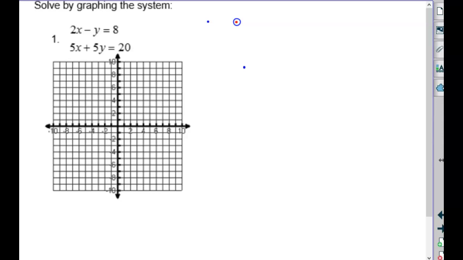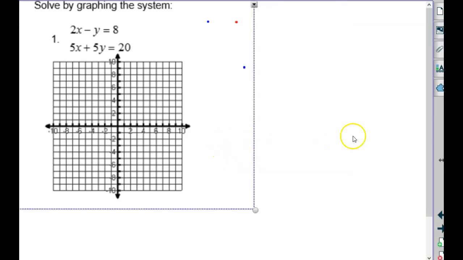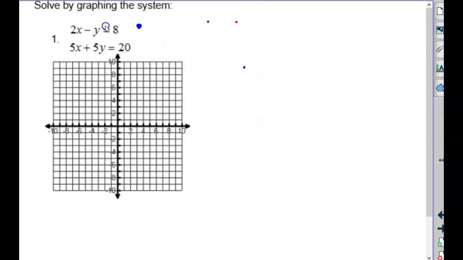If I do this one in blue, if I subtract the 8 that way and add the y that way, won't it say 2x plus 8 minus 8? I messed up already. 2x minus 8 equals y. Is that right, guys? Anybody else solve and get that?